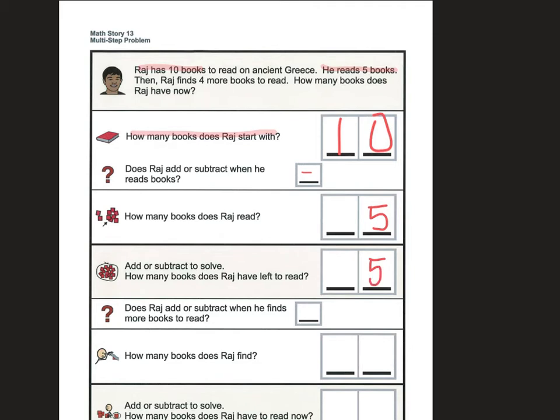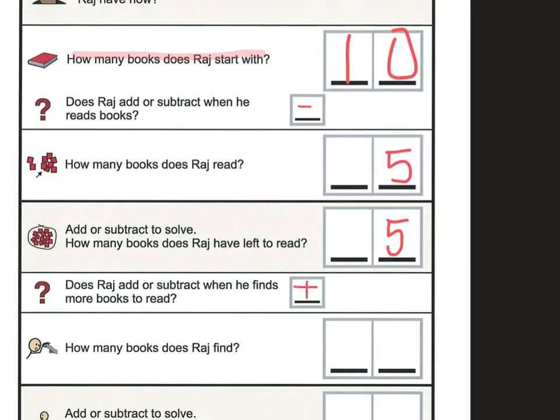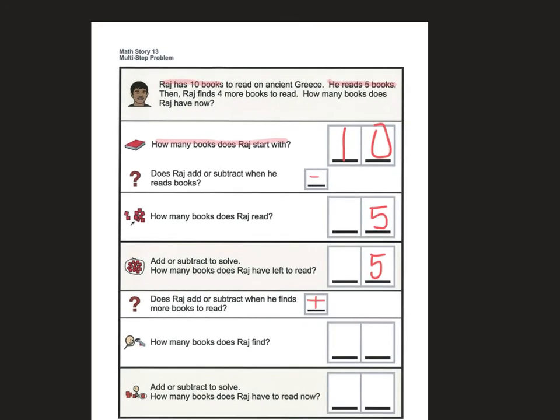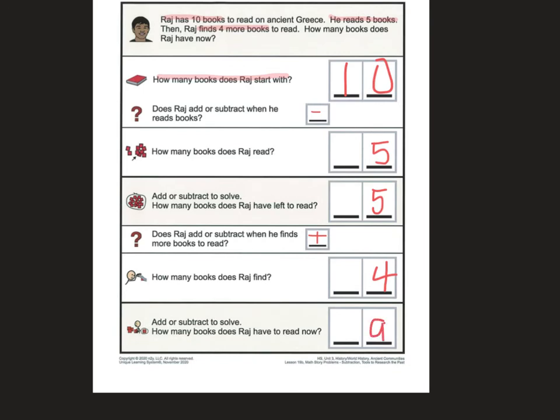Does Raj add or subtract when he finds more books to read? When he finds more books, he adds. How many books does Raj find? According to the story, Raj finds 4 more books. 5 plus 4 is 9.